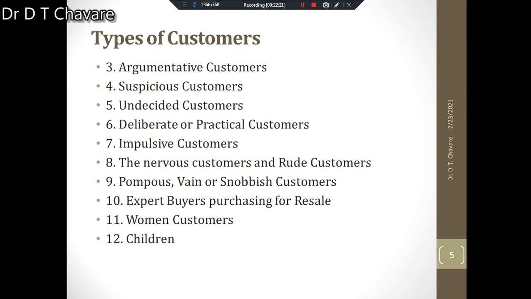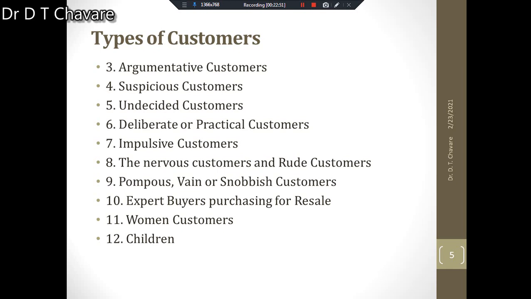They think that the salesman is devising a cunning trap for them, and therefore they doubt every proposal, statement and suggestion of the salesman. The best solution is to offer them proof and evidence. For these customers, what is the best solution? You should offer them proofs and evidence in support of the product claim and pricing. This type of customer you also have to understand.